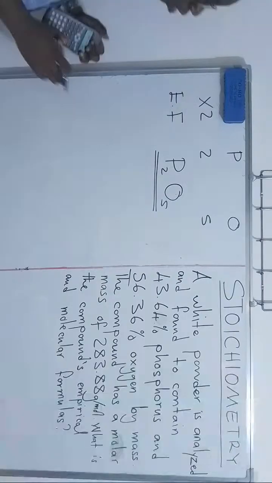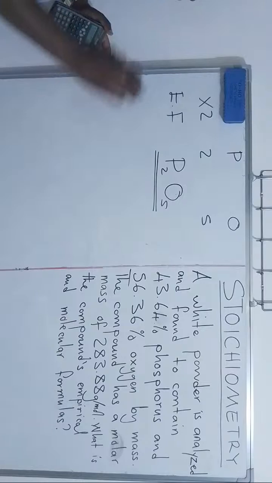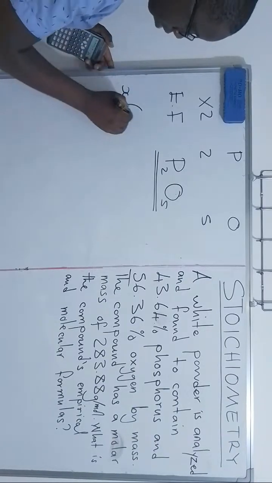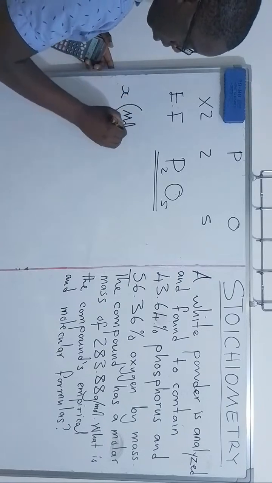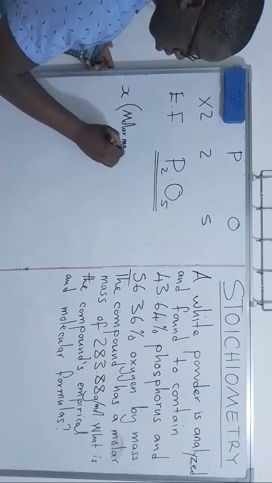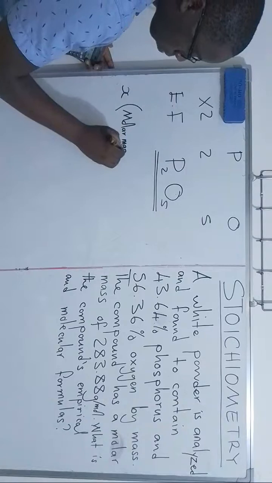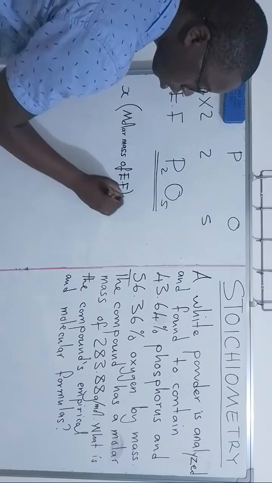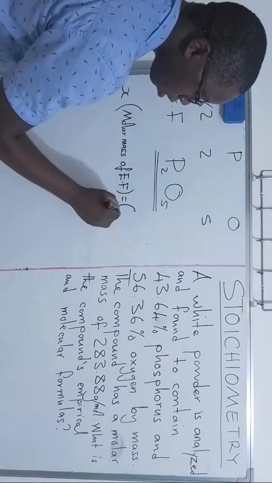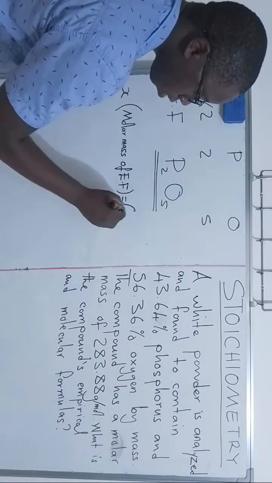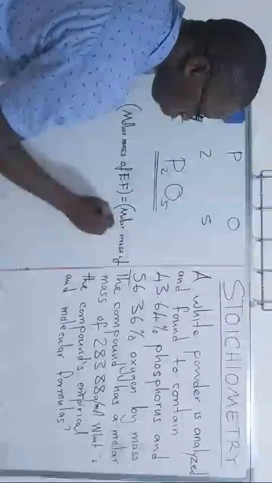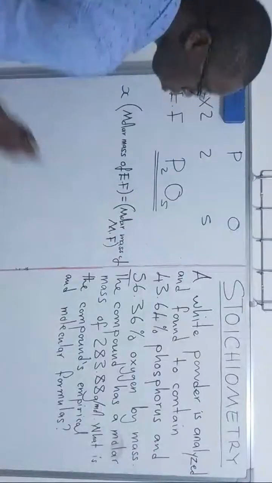To find the molecular formula, you simply need to say X multiplied by the molar mass of the empirical formula is equal to the molar mass of the molecular formula.